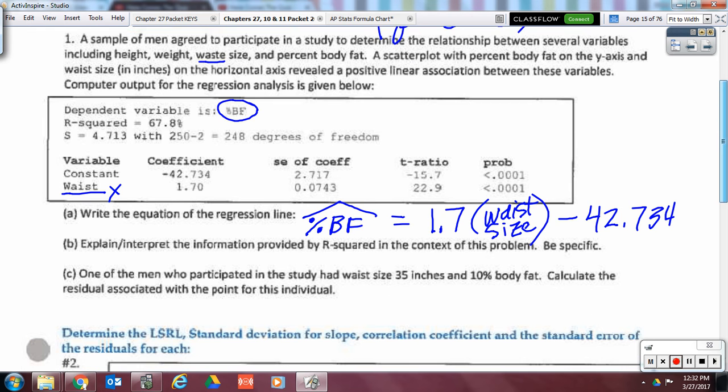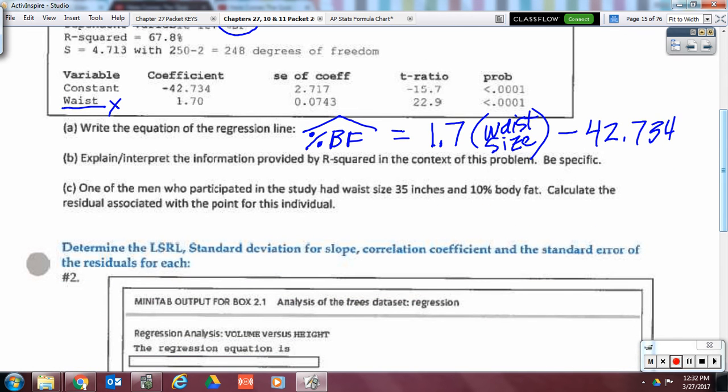Okay? The reason I want to hit that there is so that we can talk about part C. You'll do part B also, so don't skip that. You'll come back and do that. But let's look at C. One of the men who participated in the study had a waist size of 35 with a 10% body fat. Calculate the residual associated with this person.